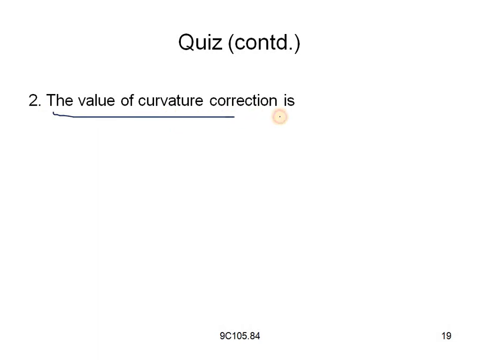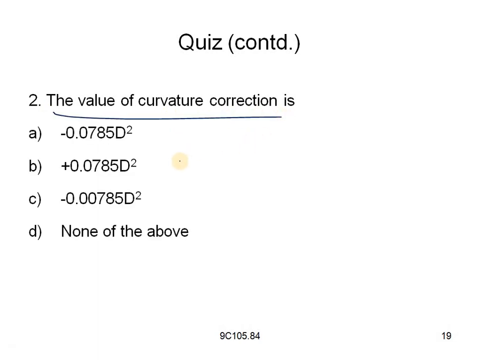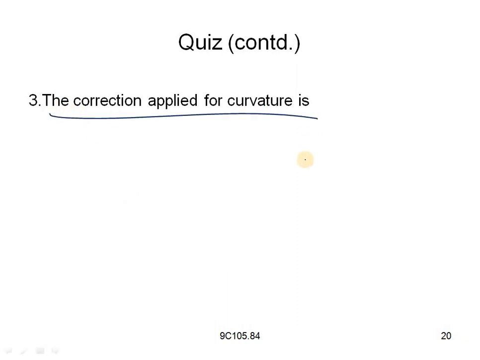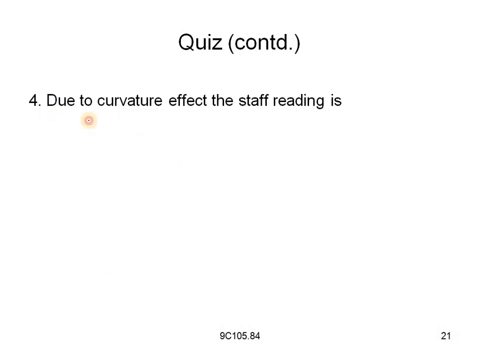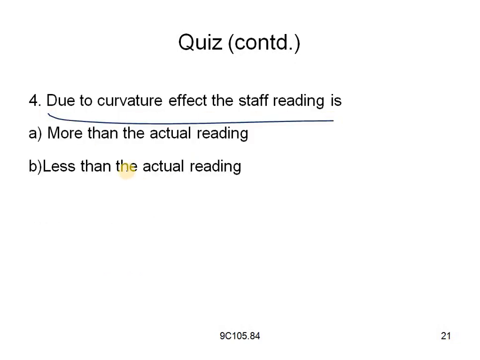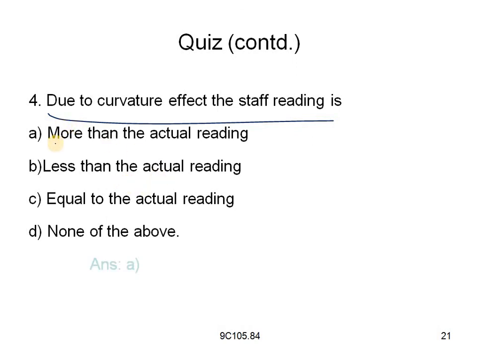The value of curvature correction is minus 0.0785 d square or plus 0.085 d square? Answer is B. The correction applied for curvature is negative, positive, or zero? Answer A, negative. Due to the curvature effect, the staff reading will be more than the actual reading.